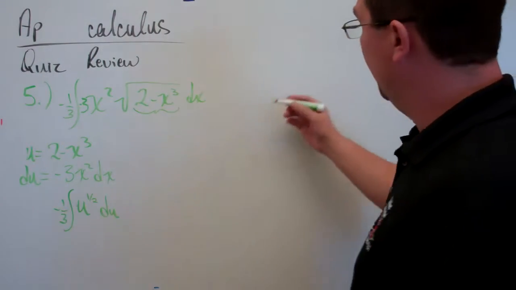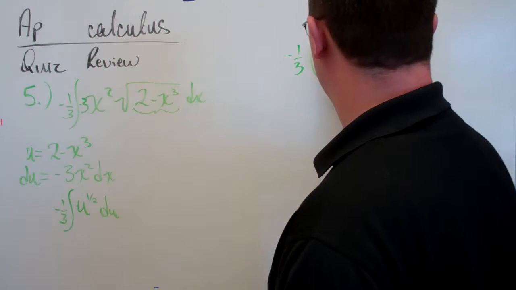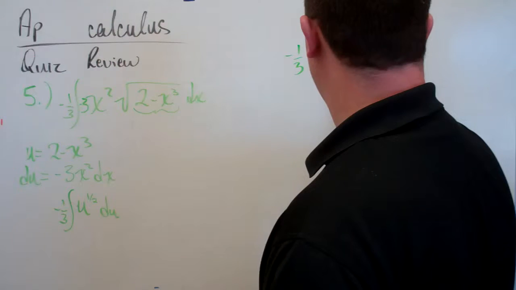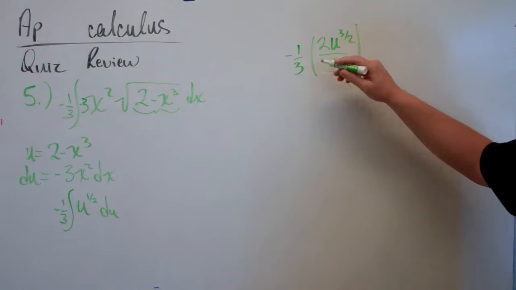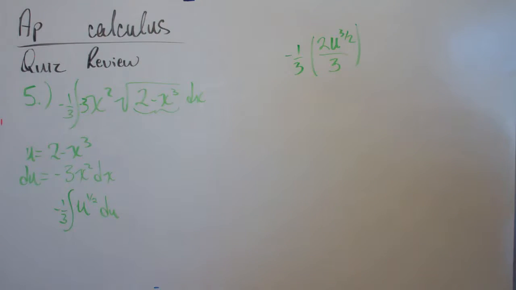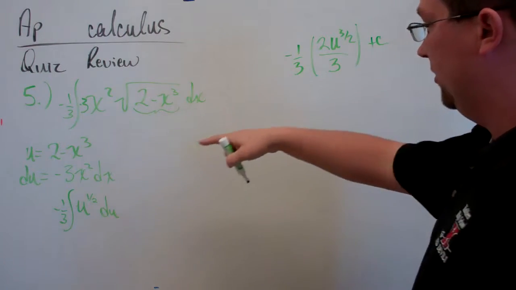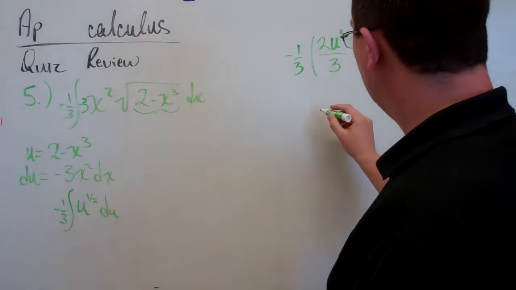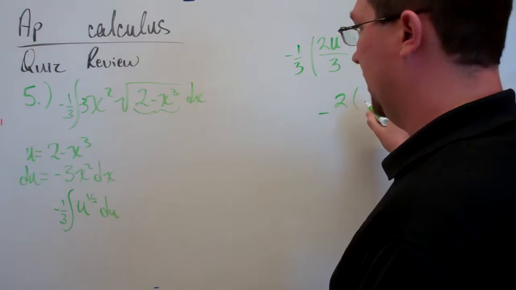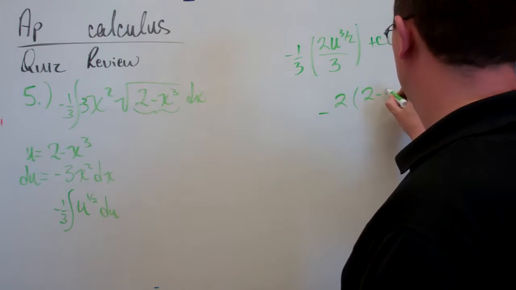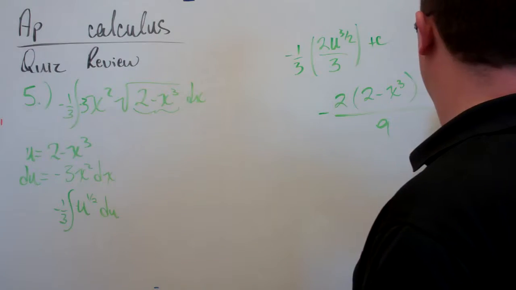So now, simply take the integral of that, which is going to be negative 1/3 times 2/3 u to the 3/2 plus c. Now just simply substitute back in. So we're going to get negative 2 times 2 minus x cubed over 3 times 3 is 9 plus c.